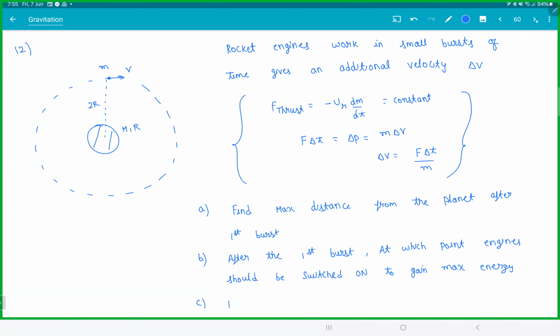But the thing is, how many bursts are required so that it escapes the planet? Find the minimum number of bursts.